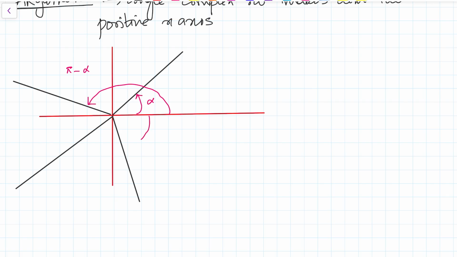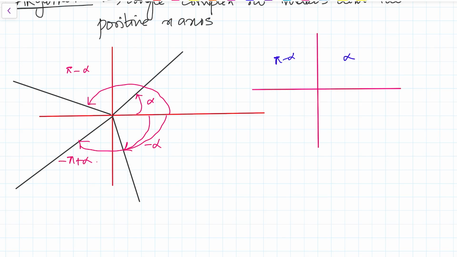The argument over here is going to be minus alpha. And the argument in this region is going to be minus pi plus alpha. So, alpha, pi minus alpha, minus alpha, minus pi plus alpha. This is how we take the argument if the complex number is in the first quadrant, the second one, the third, or the fourth.